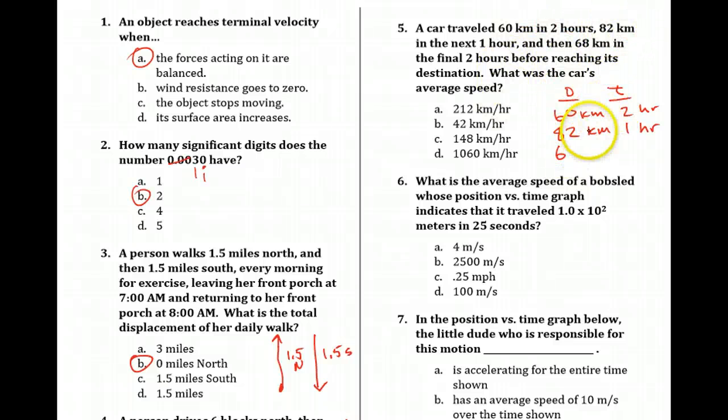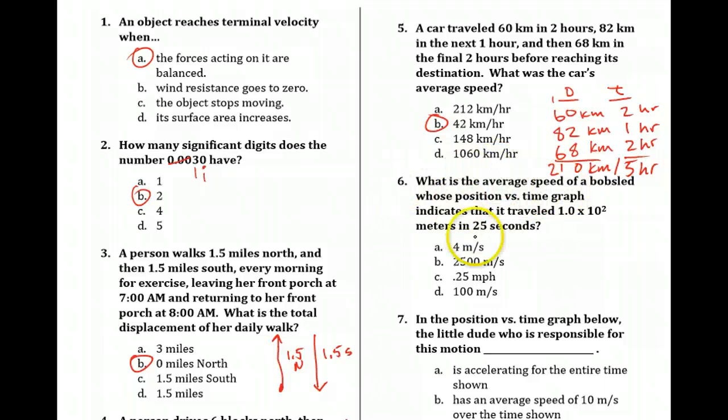So we've got distance and we've got time. Speed is equal to distance over time. Our distance is 210 kilometers divided by 5 hours, and we get B as our answer, 42.5. That's the average speed for number 6.